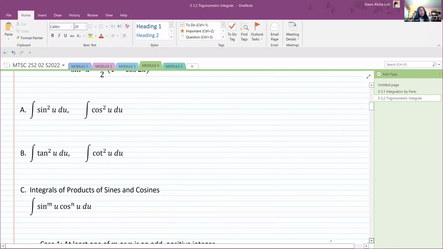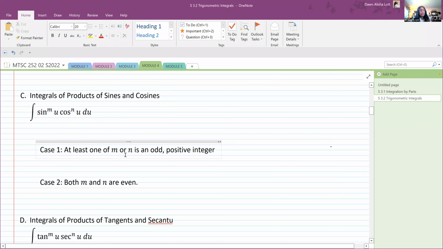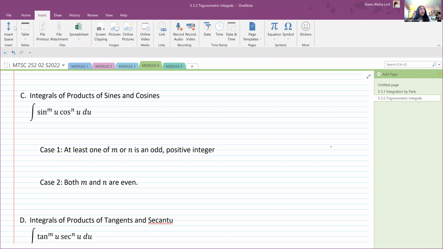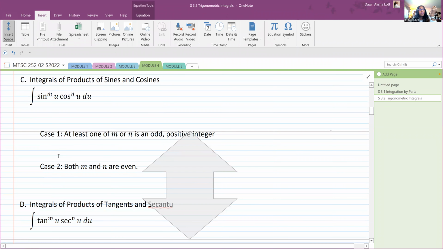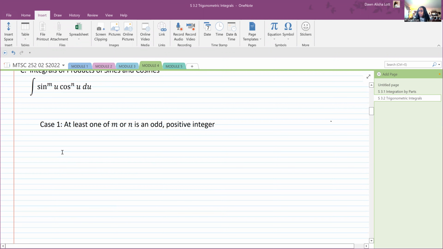For the products of sines and cosines, the first case is the easiest case. That's where at least one of M or N is an odd positive integer. This case by far is the much easier of the 2.